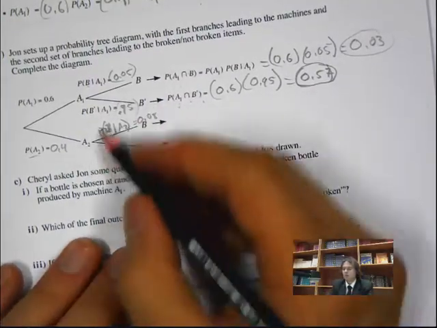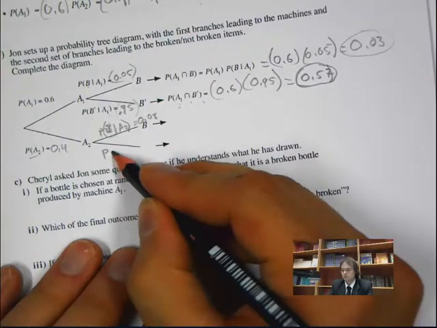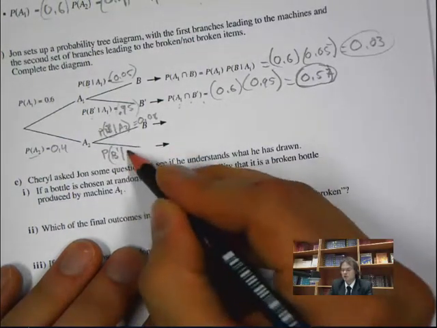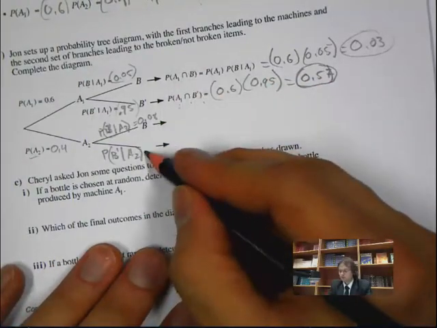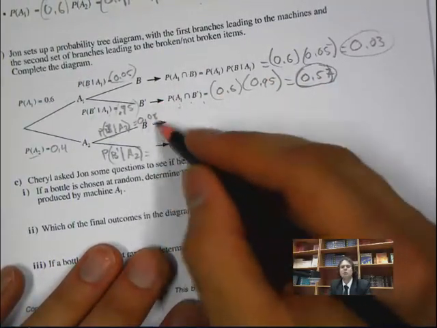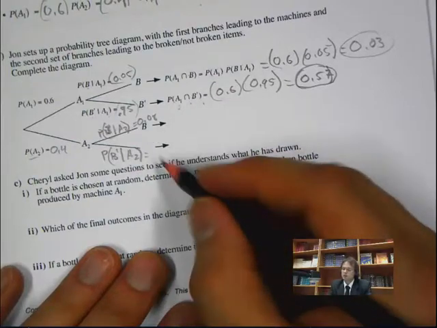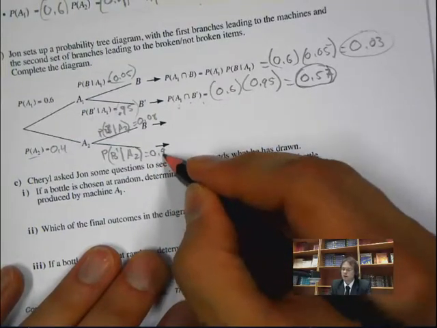The probability of it not being broken in machine 2 is the complement of it being broken, which is 0.92.